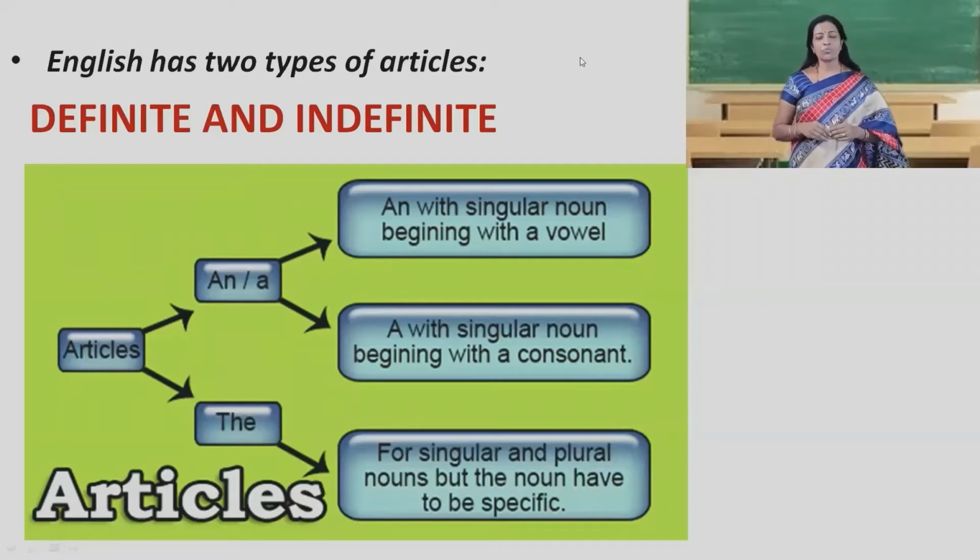A is used with a singular noun which begins with a consonant. The is used with both singular and plural nouns, but the nouns have to be specific and particular. So, this is the basic rule which you need to remember whenever you are trying to use articles, whether you are writing or speaking in English.